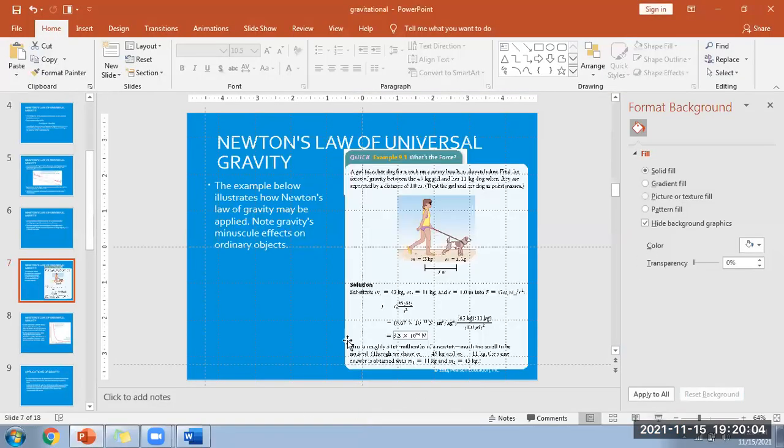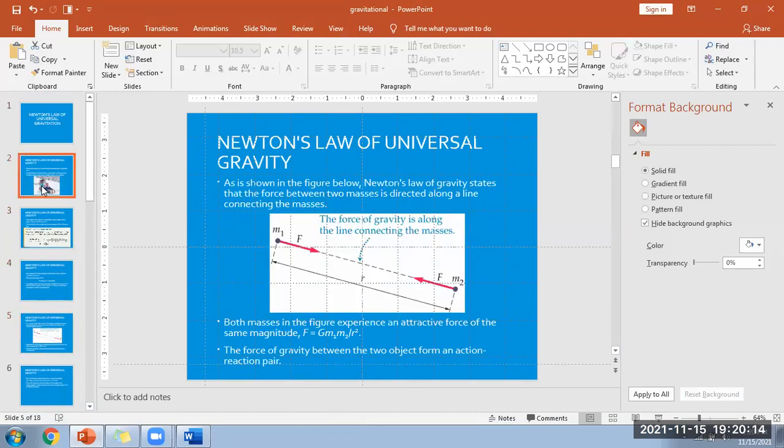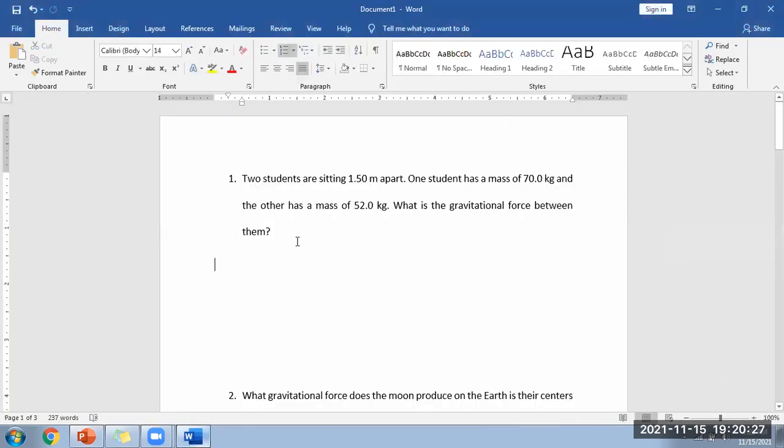So para maintindihan mabuti yung formula natin for the gravitational force, ang formula natin for the gravitational force ay Fg equals G times M1, or mass 1, times mass 2 over R squared. So kaya apply natin sila sa given equation o given problem.